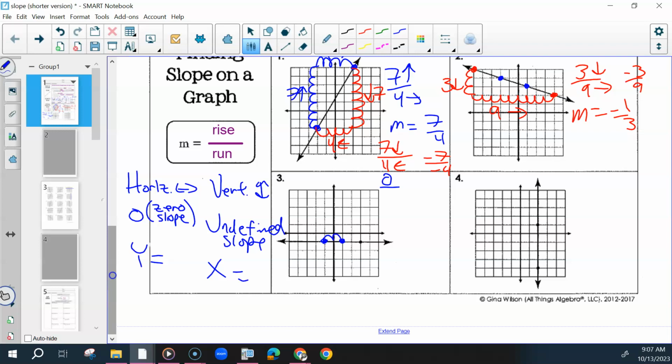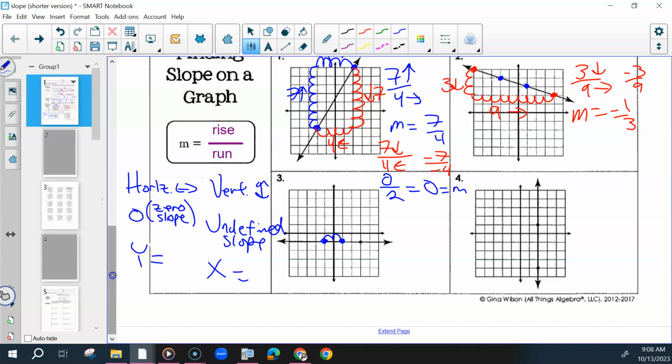The distance between those two is 2. But it doesn't matter because it's always going to be 0. So you could count the rise, count the run for these different lines, but you don't need to if you remember that this is always going to be 0. So you could just say m equals 0, there's really no work, you don't need to count anything like that.